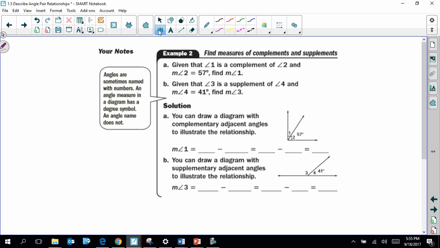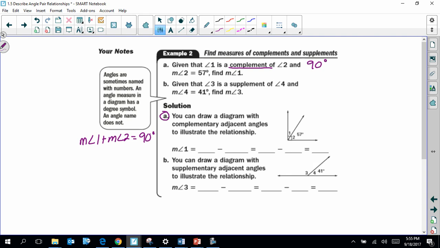Now, when I read the question, we see that angle 1 is a complement of angle 2. That is a clear indication that we're talking about angles that have a sum of 90 degrees. Now, the way that I would personally set that one up, here we're talking about figure A, or problem A, is I would say the measurement of angle 1 plus the measurement of angle 2 has to equal 90 degrees.